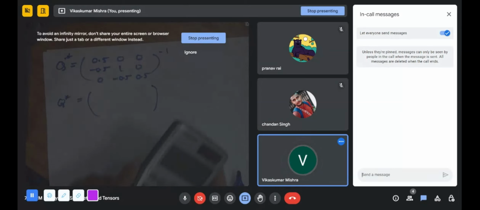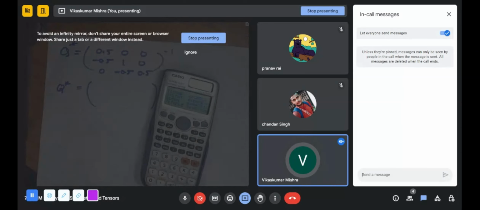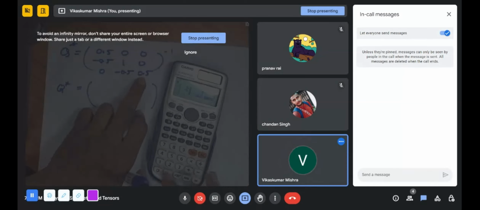It's very easy. Again, we'll use the calculator. One can use simple mathematics also, but I will go with the calculator. So here we will write the entire thing: 0.5, 0, 0, minus 0.5, 1, 0, then 0, 0.5, no, it is minus 0.5 and then it is 0.5.